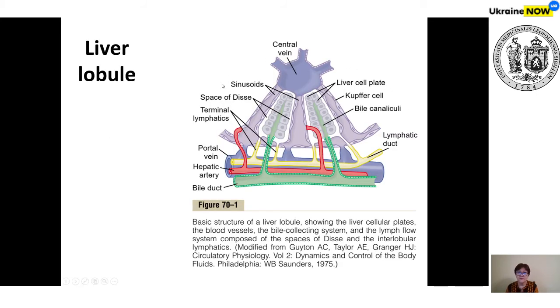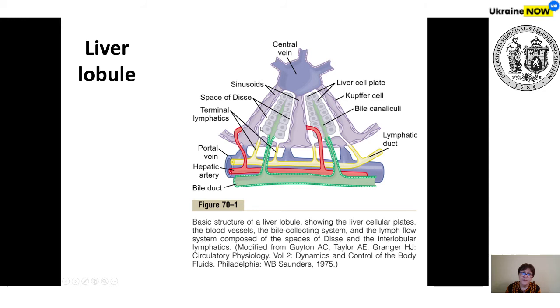This is a schematically shown liver lobule. So the hepatic artery and portal vein supply liver sinusoids with blood. Liver sinusoids are hepatic capillaries. In the wall of such sinusoids there are epithelial cells, Kupffer cells, macrophages, and stellate cells.